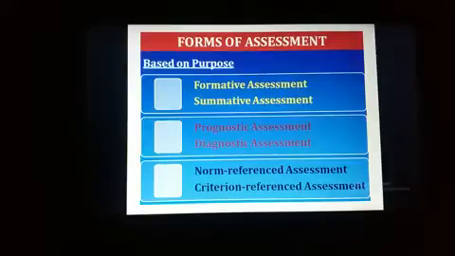We will discuss all these forms in detail in future classes, but at least here we will have an understanding of how assessment is categorized on the basis of purpose. According to purpose, the assessment may be formative and summative, prognostic and diagnostic, and norm referenced and criterion referenced.